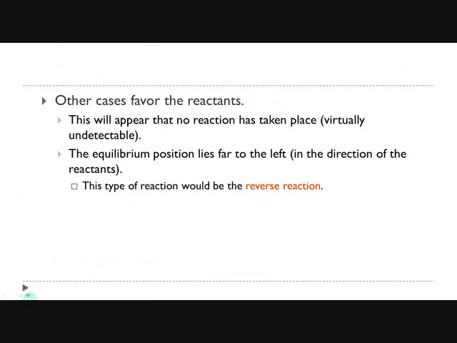Now, when it favors the reactants, then it appears to us that no reaction has taken place. So in Chem 1, when we do a bunch of tests, we might have just said no reaction if it doesn't look like there's any change. Well, that's because the equilibrium lies far to the left, meaning that it actually favors the reverse reaction.